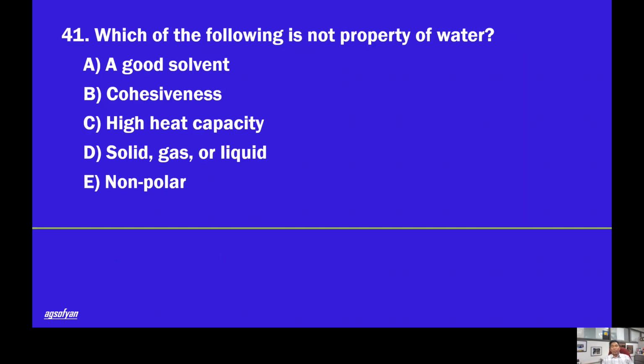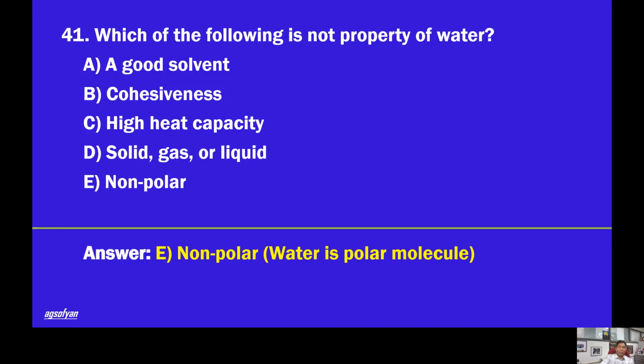Number 41. Which of the following is not a property of water? A. A good solvent. B. Cohesiveness. C. High heat capacity. D. Solid, gas, or liquid. E. Non-polar. Choose your answer. Yes, the answer should be non-polar. So water molecule is a polar molecule. Okay, so non-polar is not correct.